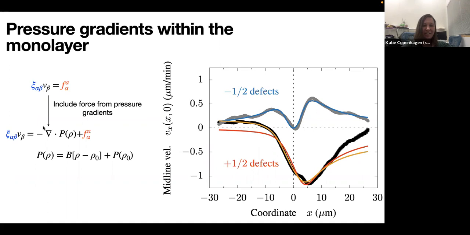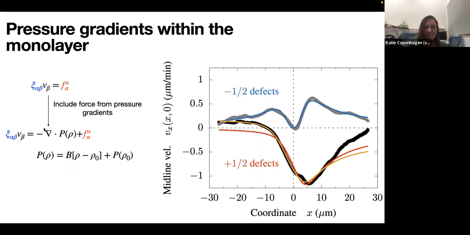And we figured out that if you actually include this pressure gradient, so now instead of assuming that everything's completely compressible, which is what we have been doing, if you assume there's some rate of cells moving up into the second layer, which depends on the pressure, then you also have a pressure gradient, which gives you a force from high density to low density.